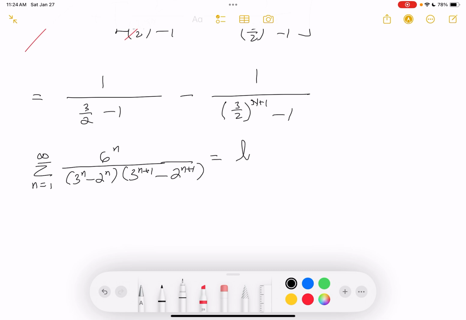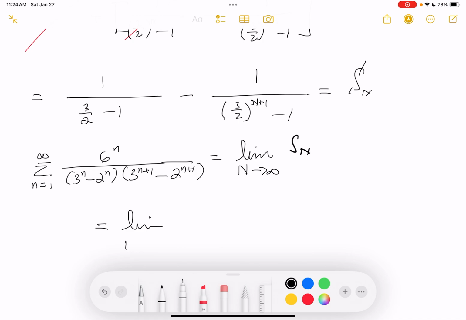This can equal the limit, by the way, this is S sub N, as big N goes to infinity of S sub N. And maybe I shouldn't have done that so quickly. I'll erase this over here. I'll write S sub N down. And that's big N.